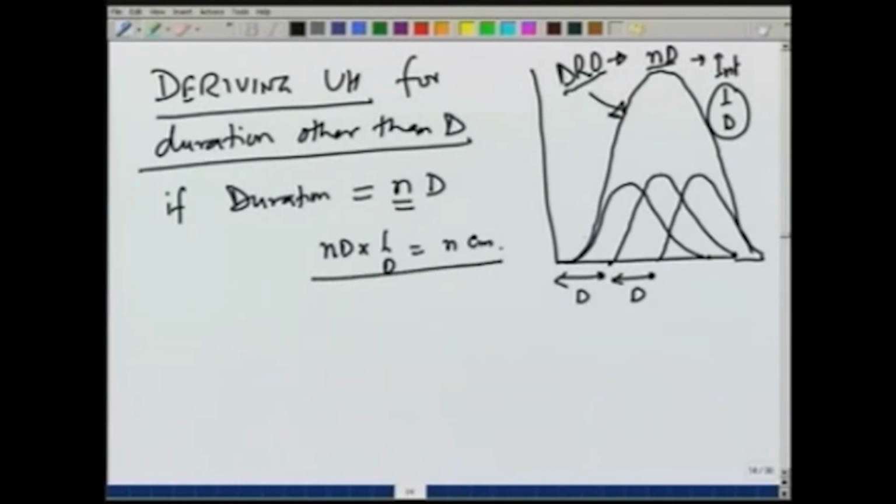And therefore, once we get this DRH, we have to multiply by 1 by n, or we divide each ordinate by n. So, in this case, since n is 3, all the ordinates have to be divided by 3, and we would get a UH which corresponds to n d hours.